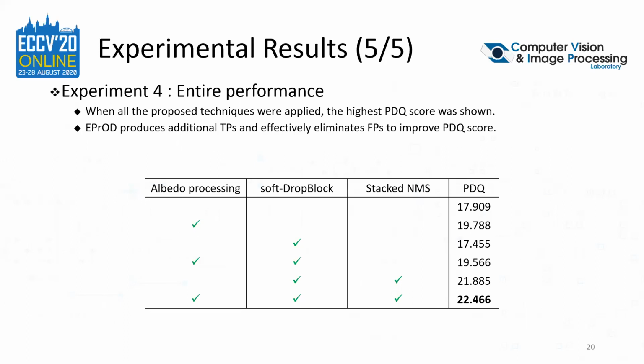The following table compares the performance of each applied technique. We can see how much the PDQ score improves whenever each technique is applied. As a result, EPrOD improved the PDQ score by 4.6 points compared to the baseline. This means that EPrOD has obtained many results with better quality than the baseline.